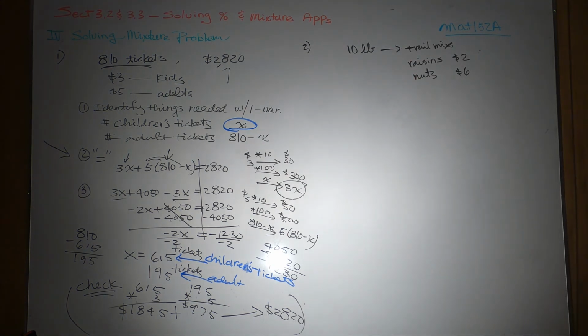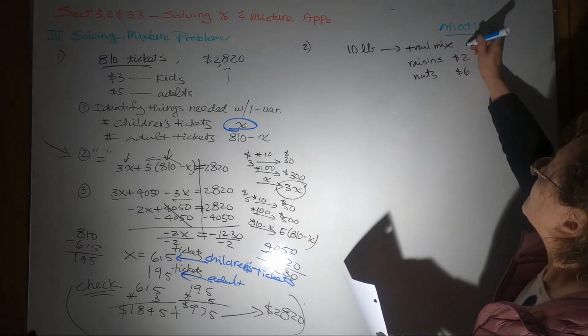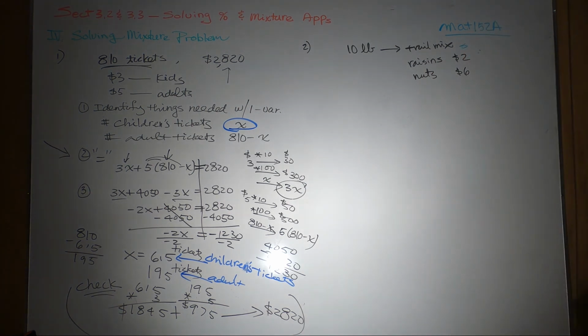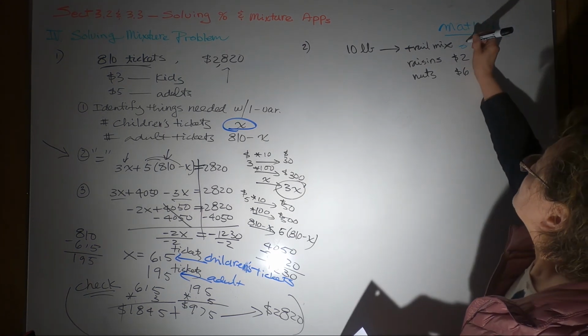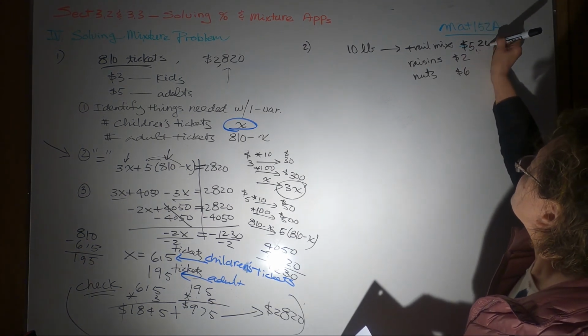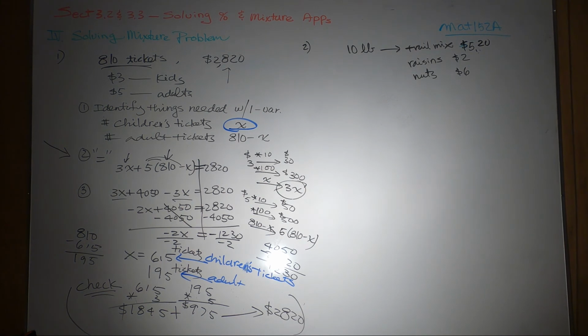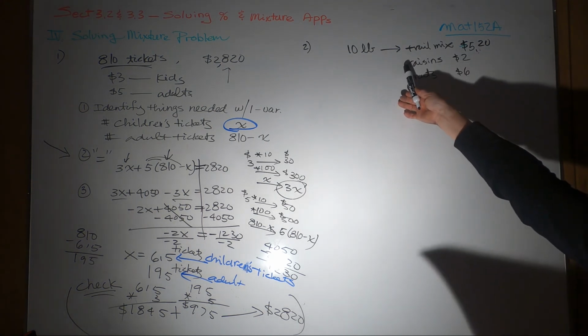So if you put too much nuts in there, that's more expensive, right? Then you want to average about $5.20, okay? So it's around $5.20 worth for the trail mix. If you put raisins, 10 pounds is only worth $20.